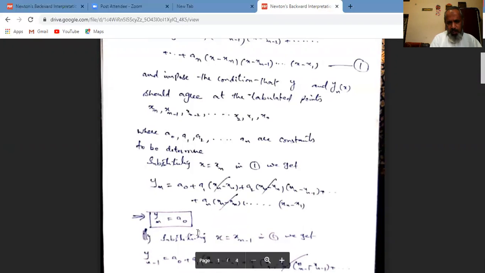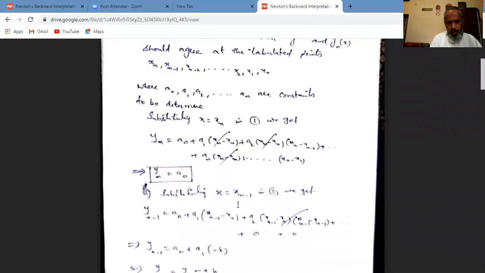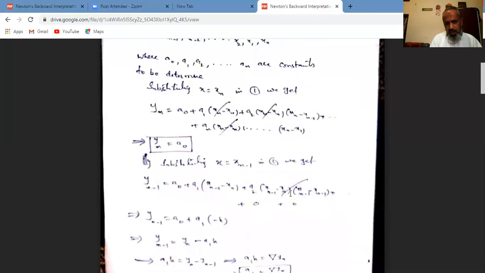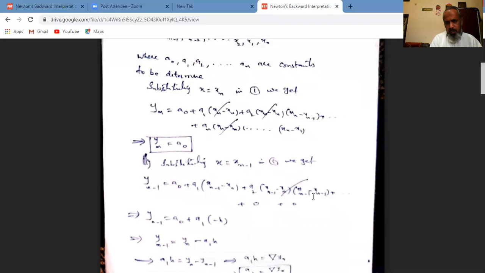Similarly, if we substitute x equal to xn minus 1 in equation 1, what do we get? At x equal to xn minus 1, the value is yn minus 1, equal to a0 plus a1 into (xn minus 1 minus xn) plus a2 into (xn minus 1 minus xn)(xn minus 1 minus xn minus 1) plus so on. From the third term onwards there is a factor (xn minus 1 minus xn minus 1), so all terms vanish except the first and second.